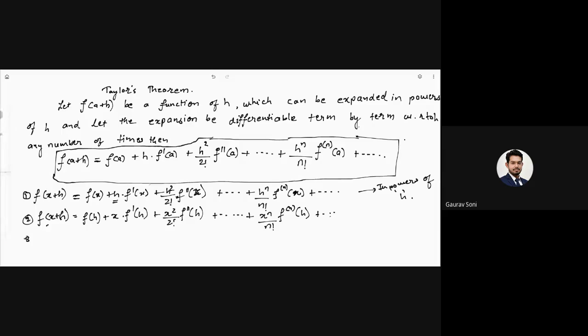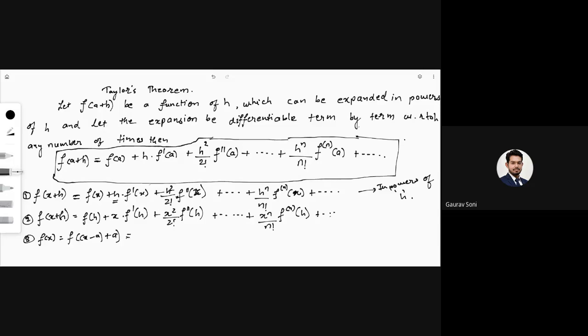So third one, f of x. In this case, I want to write down f of x in powers of x minus a. So f of x I can also write as f of x minus a plus a.